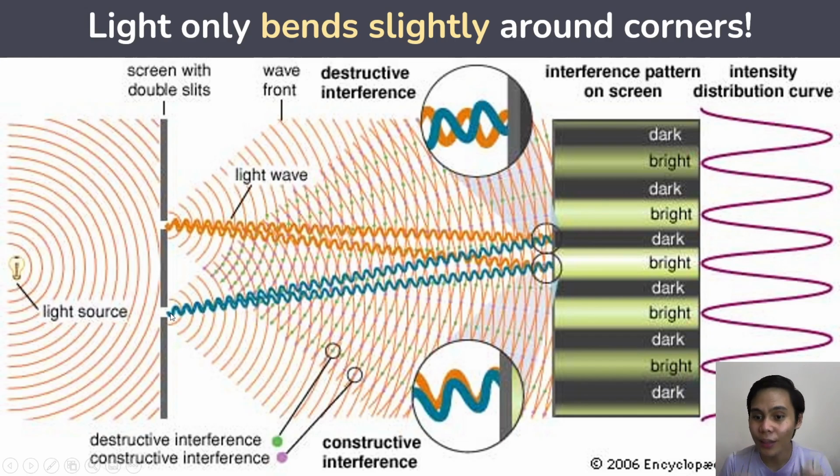Because of that, in his experiment, when light went through those slits, there was what we call interference. There are two types of interference, constructive and destructive interference. In constructive interference, the waves are building up, causing bright spots of light. On the other hand, in destructive interference, the waves are interacting in a way that is destroying the waves.